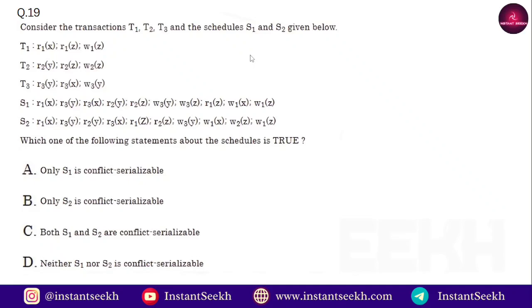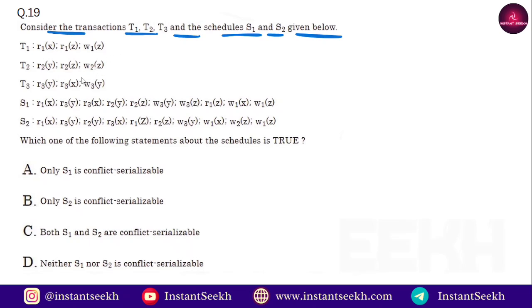Next we have transactions and schedules. Consider the transactions T1, T2, T3 and the schedules S1 and S2 given below. Transaction T1 is: R1X, R1Z, and a write operation.